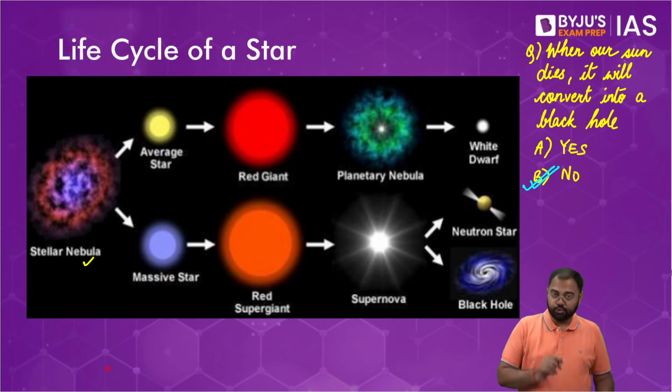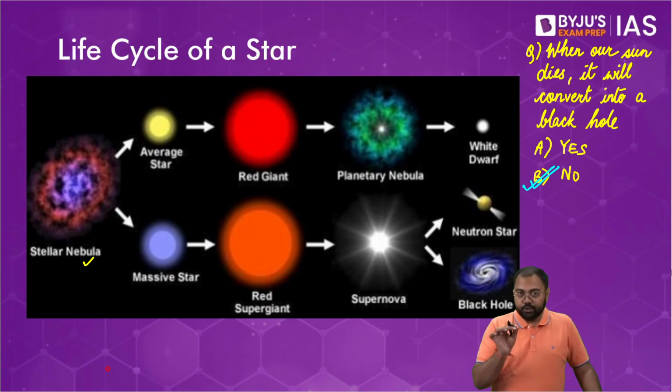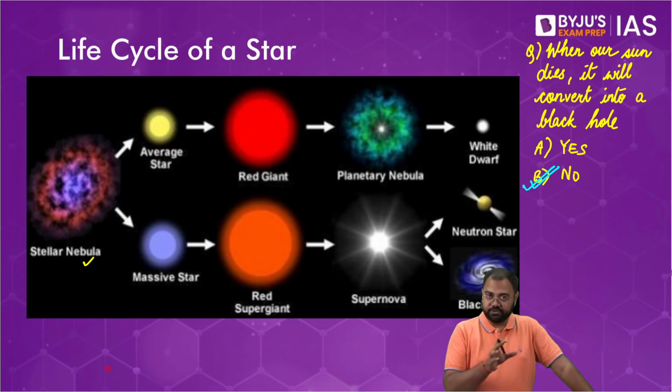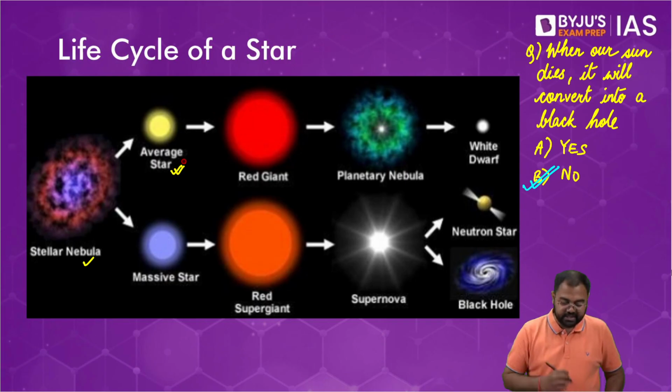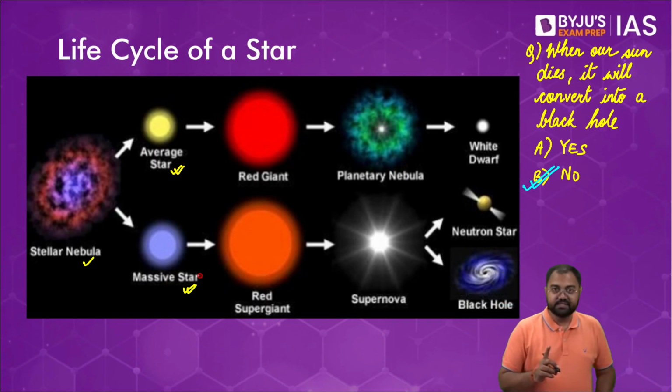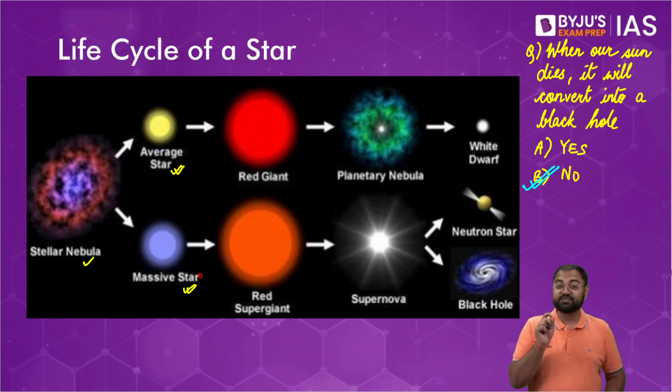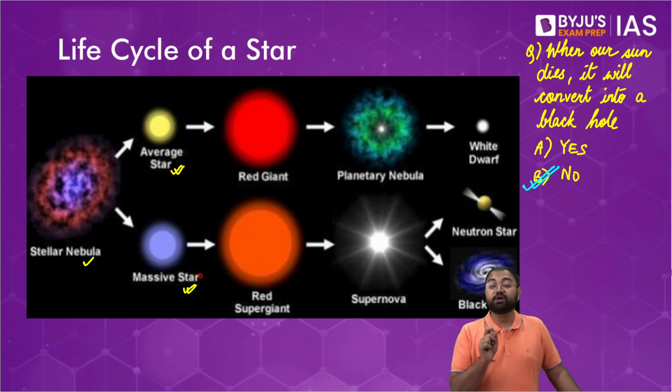The answer is no. There are two types of stars which will be formed after a nebula. Either you will have an average star or you will have a massive star. So an average star is any star that has mass up to 1.44 times the mass of our sun.